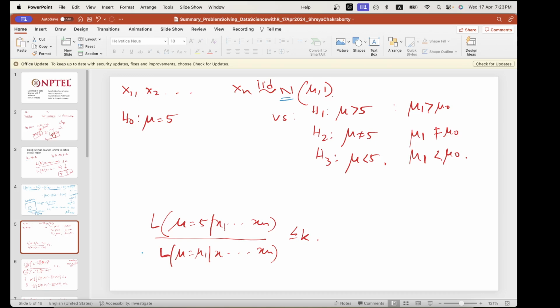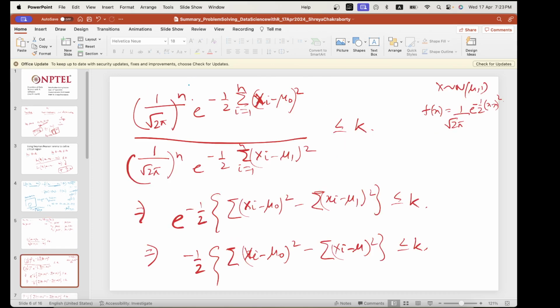Likelihood is actually the joint probability, so I am going to write the joint probabilities under null and under alternate. This numerator is your likelihood or joint probability under H naught, and this denominator is your joint probability under HA, the alternate hypothesis. Then I have solved this one.